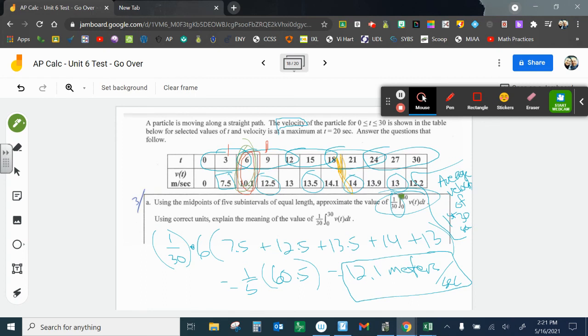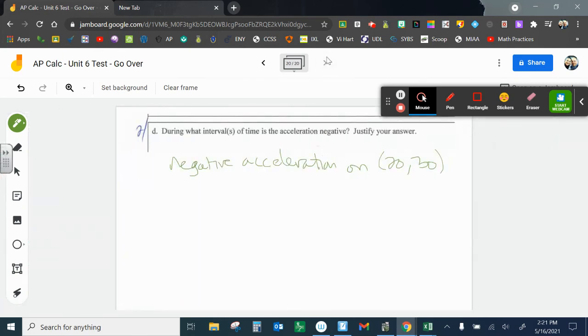So from 20 seconds to 30 seconds, this is the only time. It reached its maximum at 20, and then it's going to be decreasing the whole way there. Okay? So why is that true? Because the velocity is decreasing on the interval.